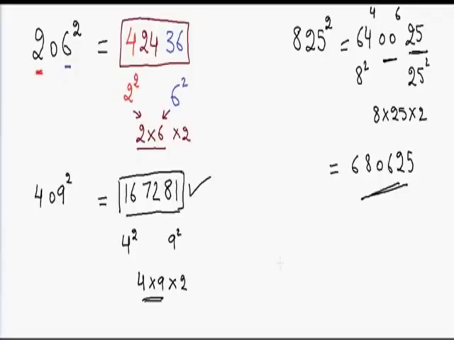If you practice, then you can always do this calculation without even writing it on paper. Now let's look into how this trick works. Any 3-digit number can be written in the following form: 100x plus y.